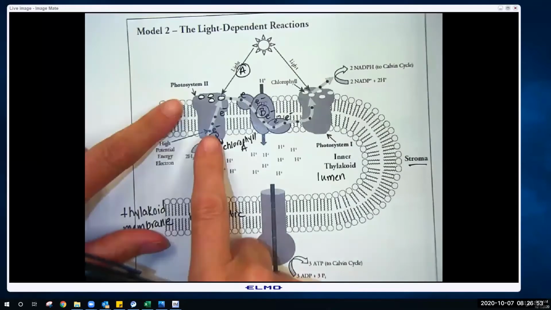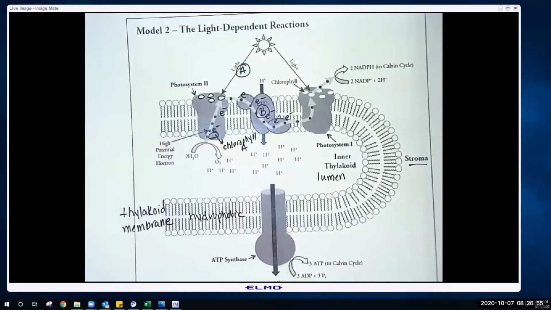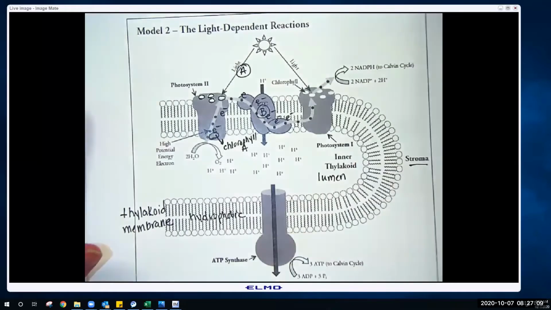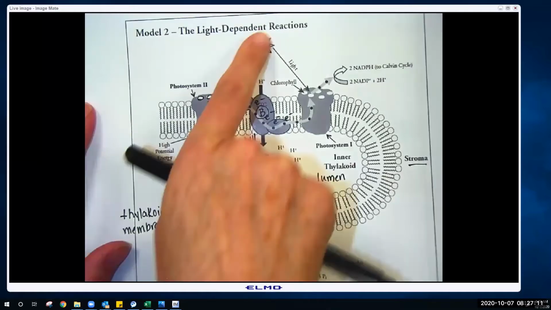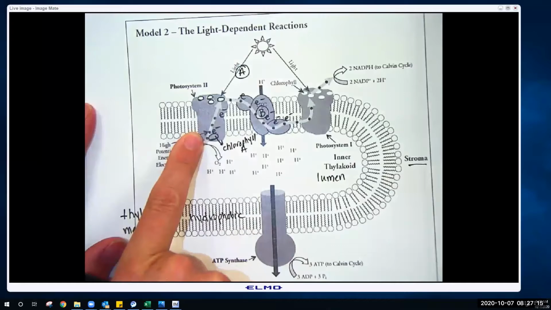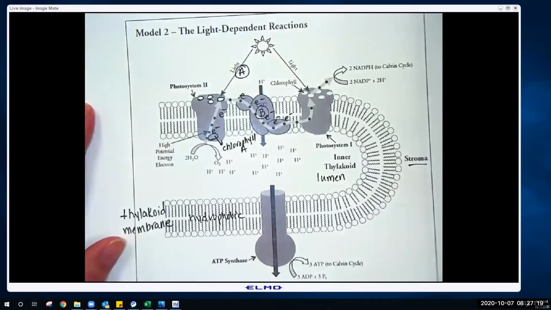These electrons are getting excited just like they did in the flame test, but more so. When you did the flame test, those electrons got excited, and then when they fell back down, we saw light. This is not happening. This electron's getting so excited that it leaves the molecule completely. So this portion is adding so much more energy than even that Bunsen burner because the electrons actually leave.